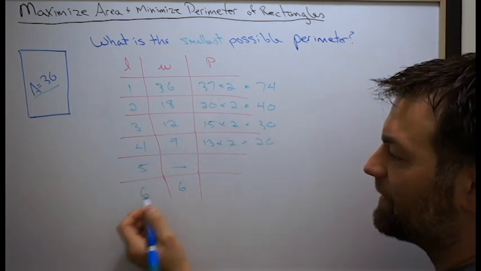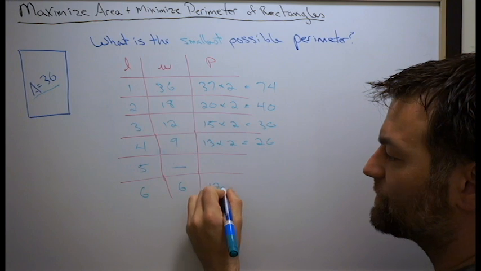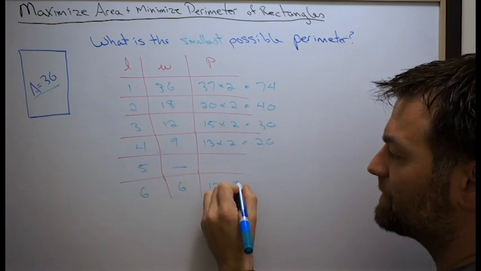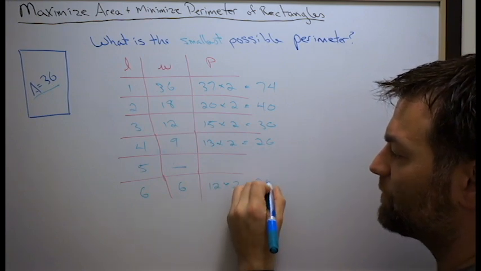We're going to skip the 5 again. 6 plus 6 is 12, times 2, which gives us 24.